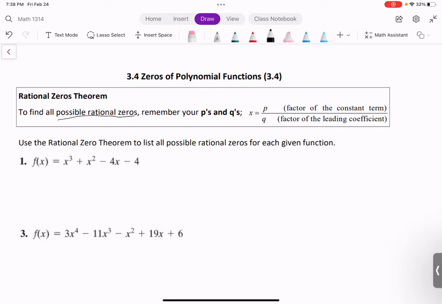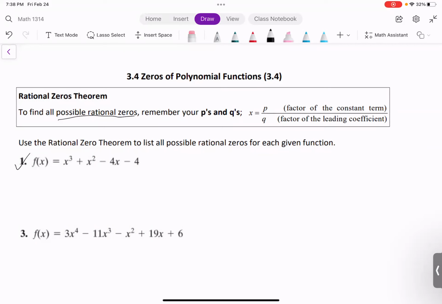So we can list all the possible rational zeros, then take a guess from them, then use synthetic division to find the factored form of the polynomial. Okay, let's look at the example.